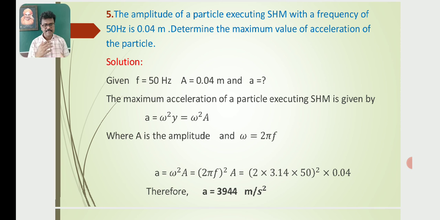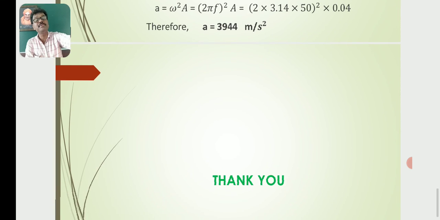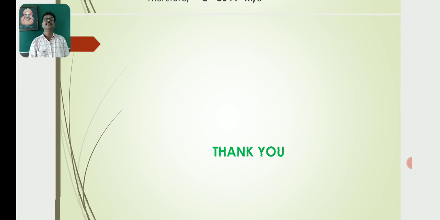Then after simplification we will get a is equal to 3944 meter per second square. So that is the maximum value of acceleration of the particle executing simple harmonic motion with a frequency of 50 Hz and amplitude 0.04 meter. So that is the solution of problem 5.